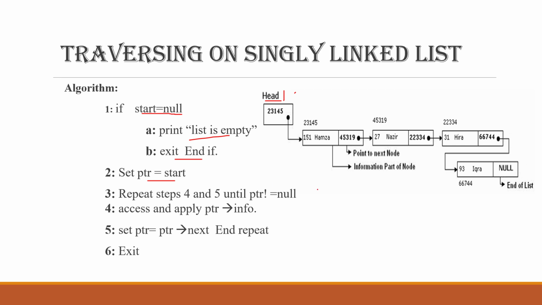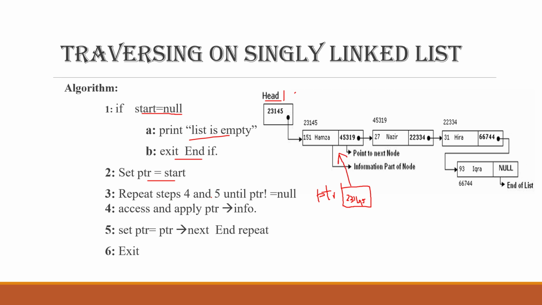We have taken a special pointer and we assign this pointer the address of start or head. That means this pointer points to the first node. That is, the address of the first node is 23145. This pointer points to the first node.